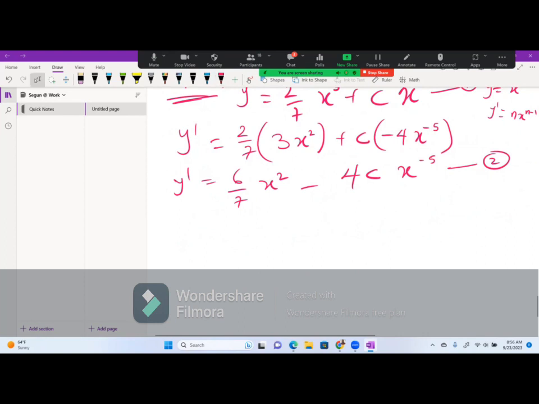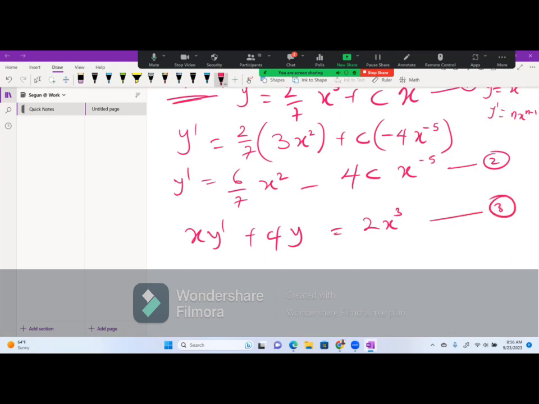Then if I have this equation 1 and equation 2, remember from the onset, my equation says xy prime plus 4y equals 2x³. That is, let's say, equation 3, because that is my question, right?